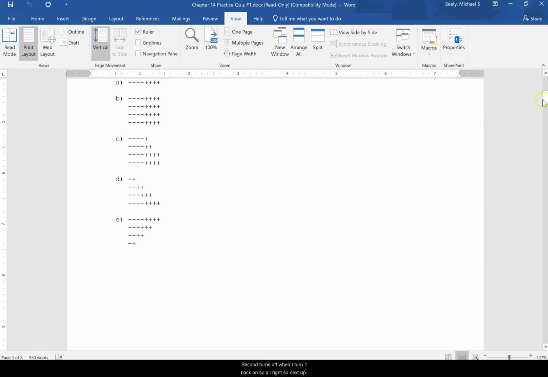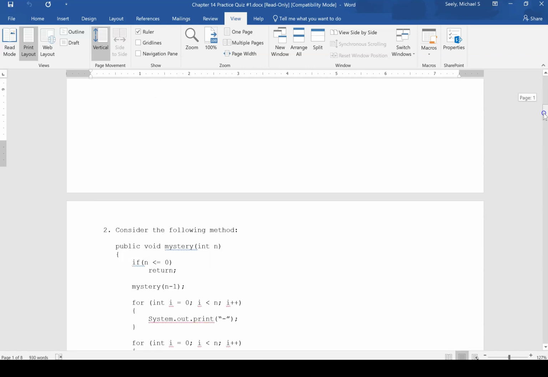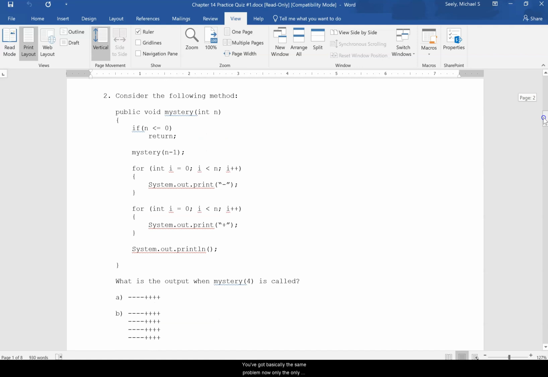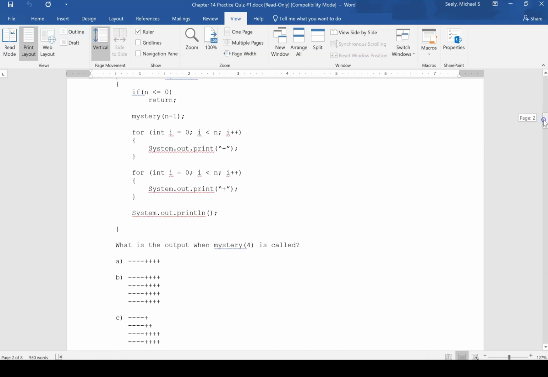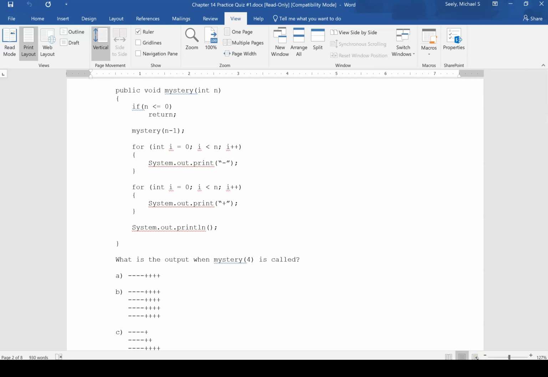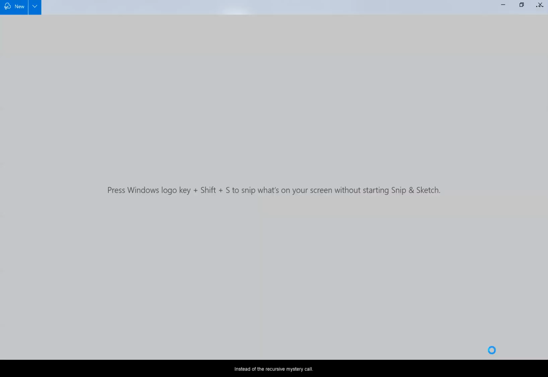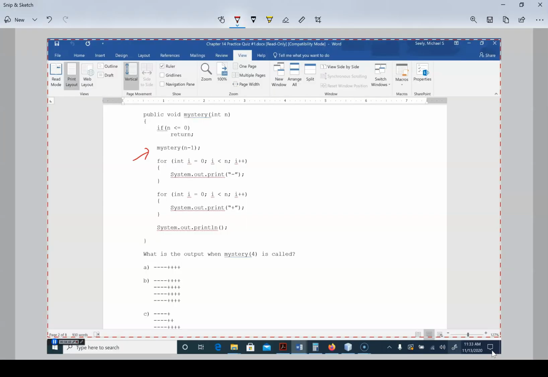All right. So next up, you've got basically the same problem now. The only thing that changes is what? Instead of the recursive mystery call afterwards, it's before it.